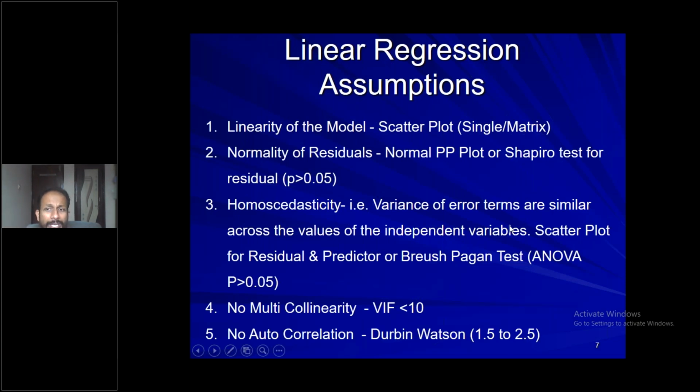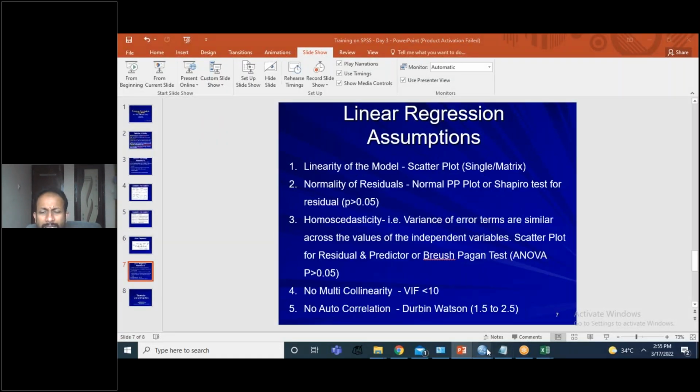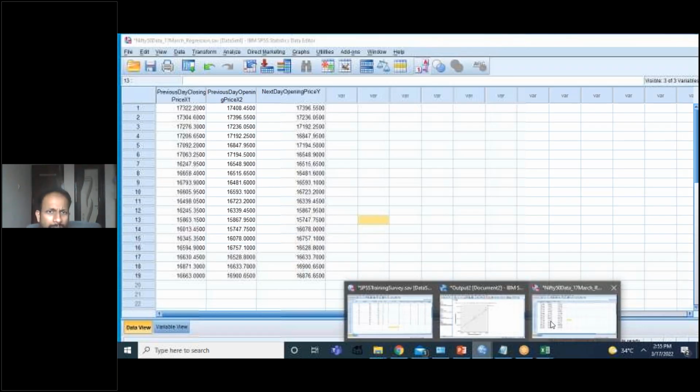Remember, in correlation, we did not talk about residuals; we talked about normality of the variables. Here it is about normality of the residuals. There are a few ways that we can do that. One way is the normal P-P plot, and the other way is the Shapiro-Wilk test, through which you can test the normality of residuals. So for this, please pay attention.